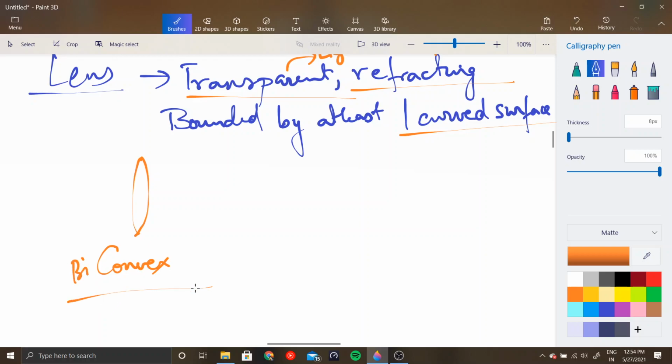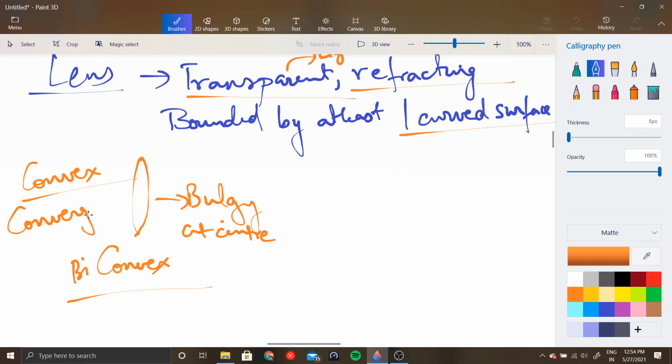How do you identify a biconvex lens? It is bulgy at the center, right? And we call this type of lenses the convex lenses. This is a convex lens, so we call this type of lenses converging lens. Why do we call this a converging lens?